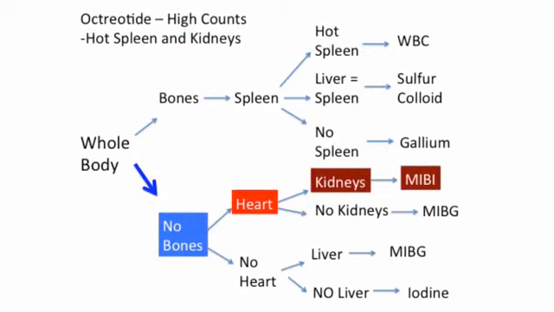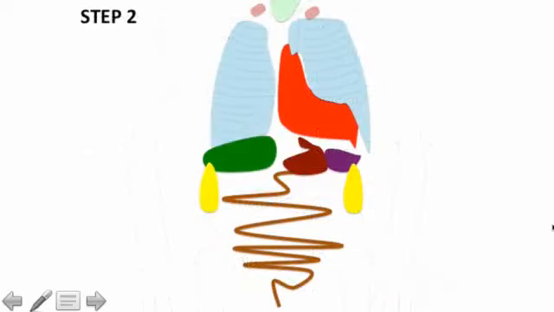Now, if you've looked at this, you may notice that there are two ways to get to MIBG down here. So sometimes you do have a heart, sometimes you don't have a heart. In a situation where you don't have a heart, cardiac uptake is variable with MIBG.